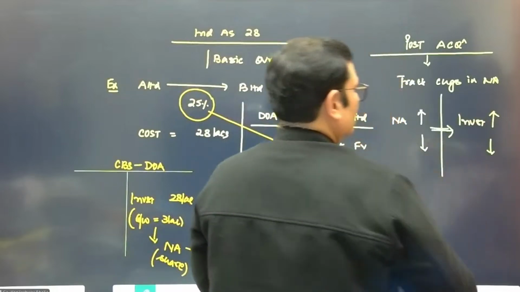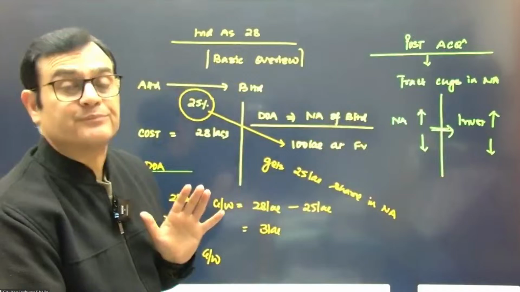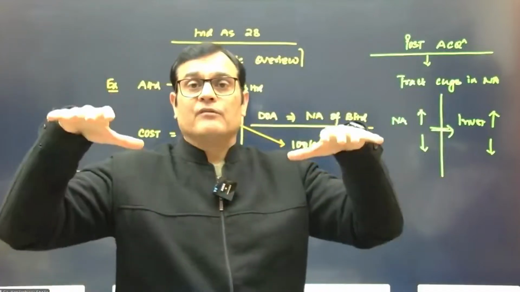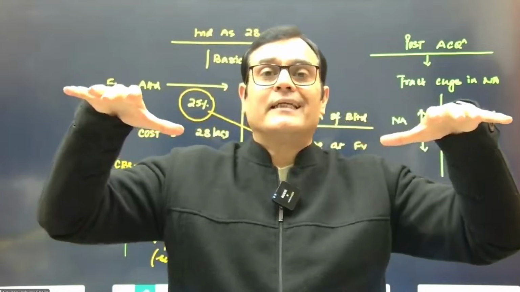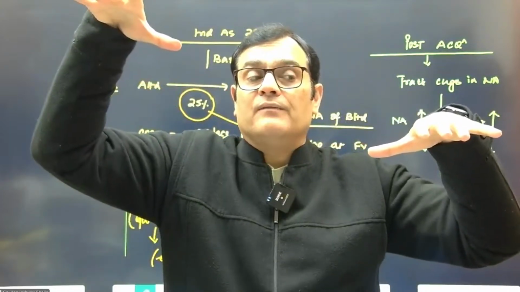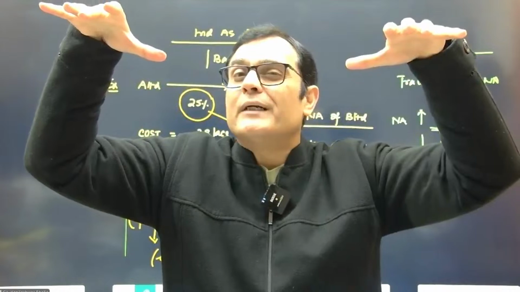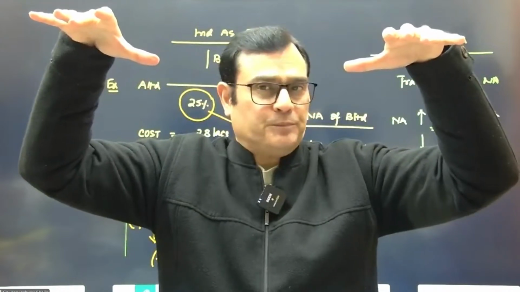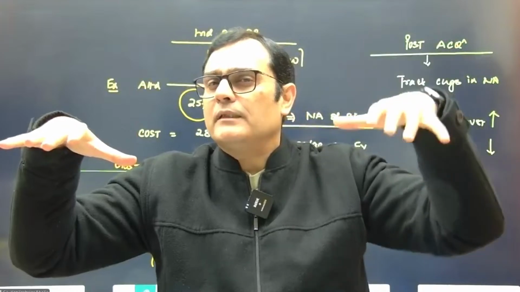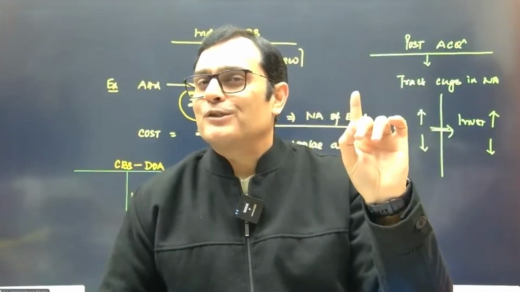So there is going to be a mirror accounting. I will look at the changes in the net assets of the associate. If the net assets go up, I will increase the investment by 25% of the change. If the net assets go down, I will bring down the investment by 25% of the change.